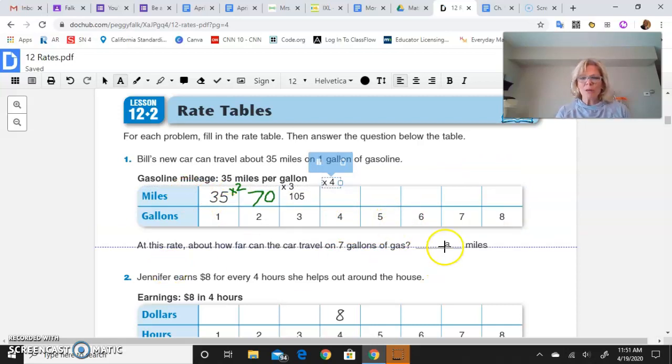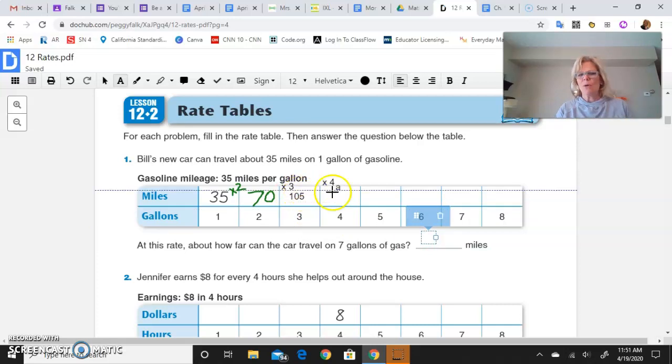Okay, so at this rate, about how far can the car travel on 7 gallons of gas? Well, I'm not going to do this. You guys can do that. I will complete this and give this out to you tomorrow so you can check your work.